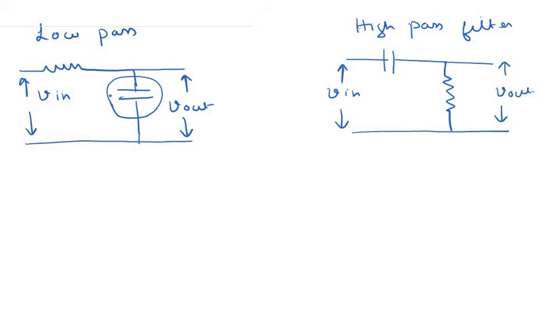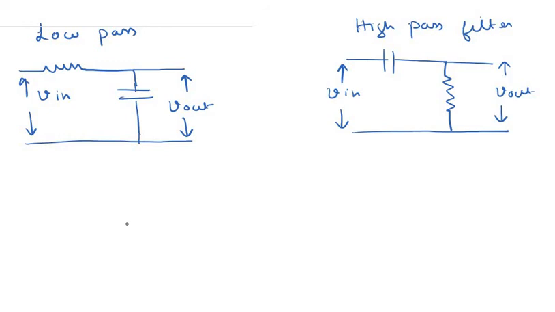So if the output acts as an open circuit, this basically means that the entire input would come across the output, because the output is open circuited. On the other hand, when the frequency is high, this capacitor basically acts as a short circuit here. So if the capacitor acts as a short circuit, because we are taking the output voltage across the capacitor, this means that no voltage would be deposited at the output.